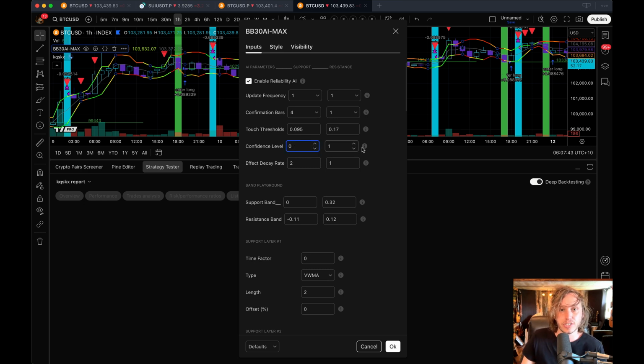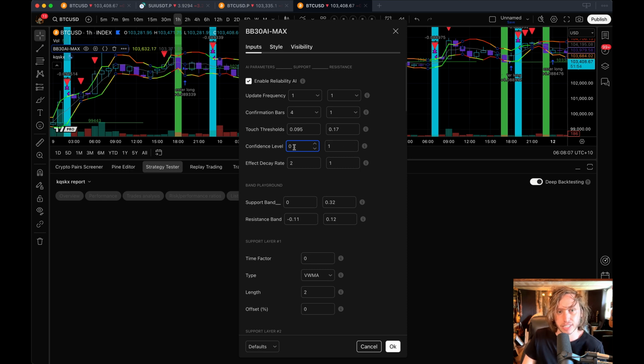Confidence level is looking at the accuracy percentage and adjusting the bands based on that. So if price action tends to respect the bands more often or less often, you can adjust. The general base confidence level that is started with is 66%.